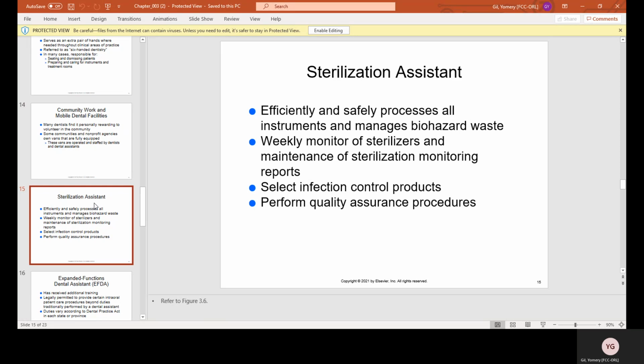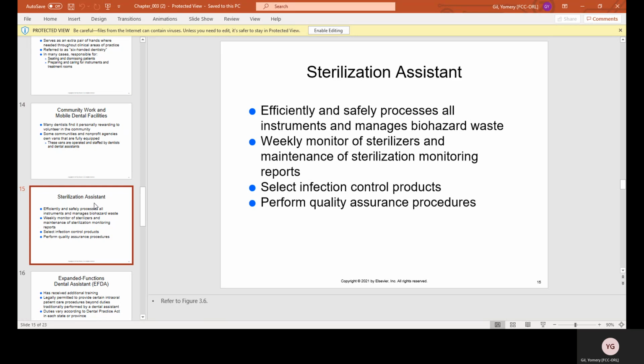The biohazard waste, which means anything that has a lot of blood, teeth, tissue, etc., is put in red biohazard bags and disposed of in a specific container in a specific area of the office. So it is the job of the sterilization assistant to make sure that everything that needs to be in there is in there, and that it is properly discarded by the company that comes to pick it up.